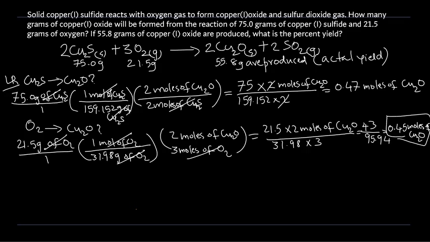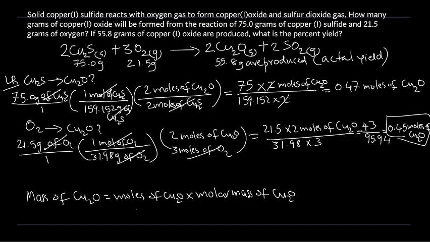Okay, and then we can find the second part, that is, they're asking for the mass of copper 1 oxide. So mass of copper 1 oxide equals moles of copper 1 oxide times molar mass of copper 1 oxide.